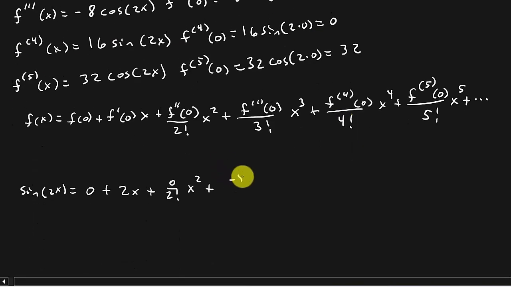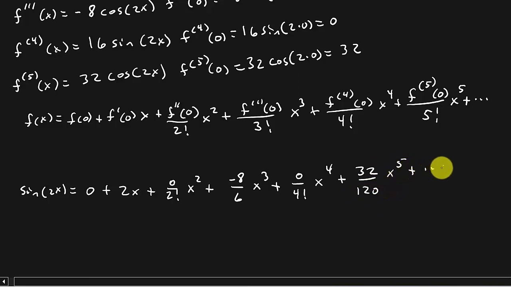That's going to be negative 8 over 3 factorial. 3 factorial is 6 times x cubed plus, and then the fourth derivative evaluated at 0 is 0 over 4 factorial times x to the fourth. I'm not worried about calculating those factorials because it's just going to go to 0. And then plus 32 over 5 factorial. And 5 factorial is 120 x to the fifth plus dot dot dot.